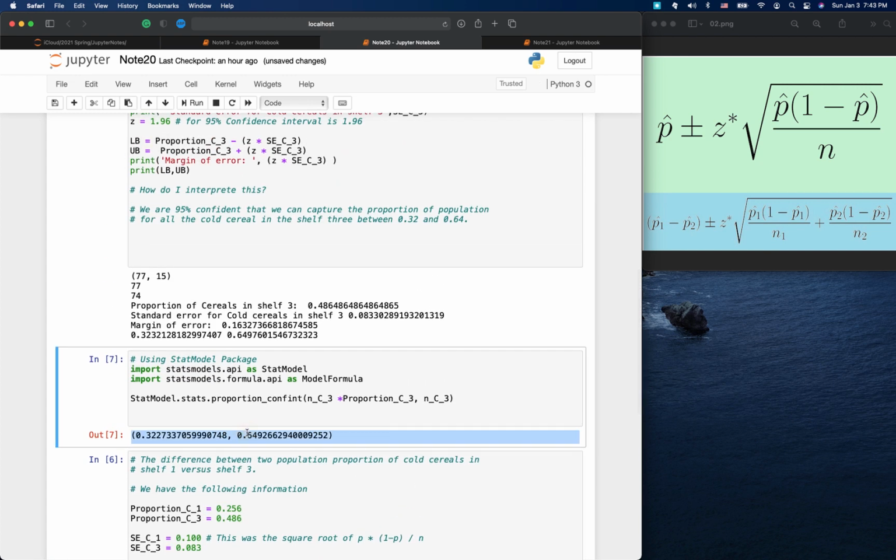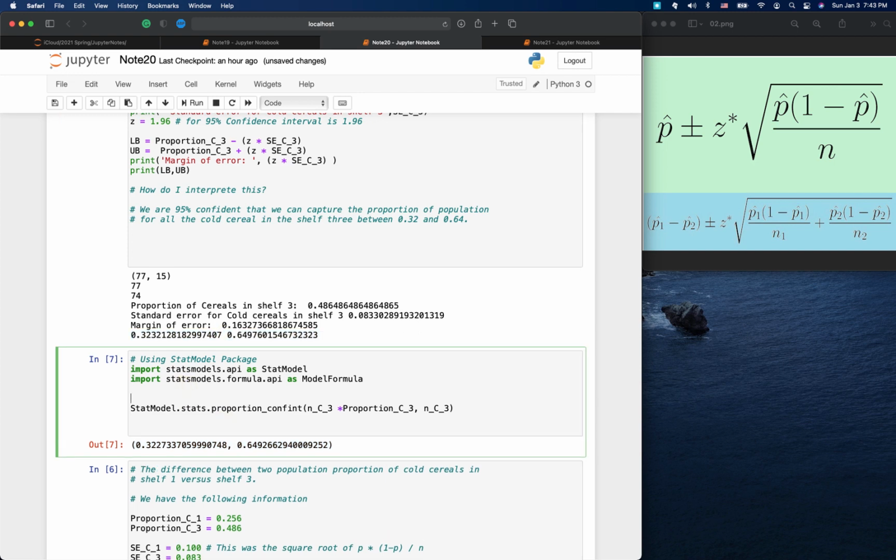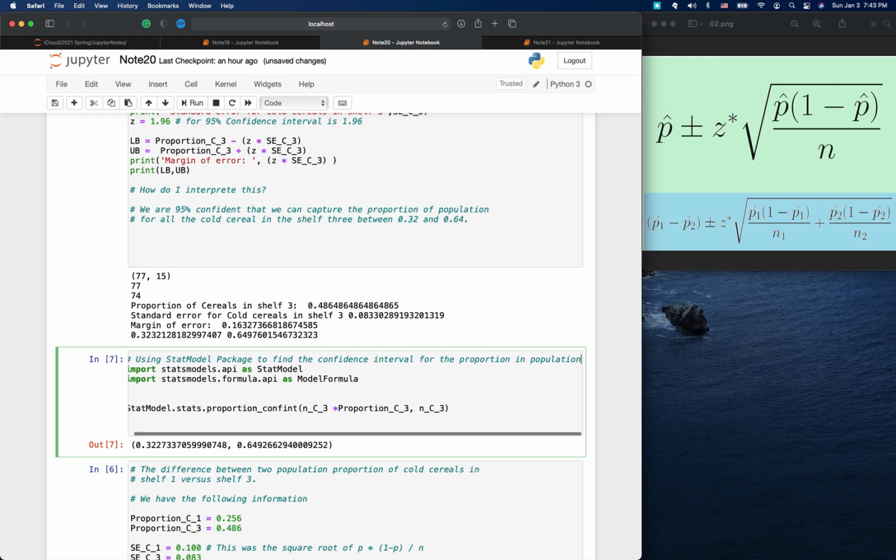If you compare the confidence interval with this one, you will see they are exactly the same. Using a stats package to find the confidence interval for the proportion in population.